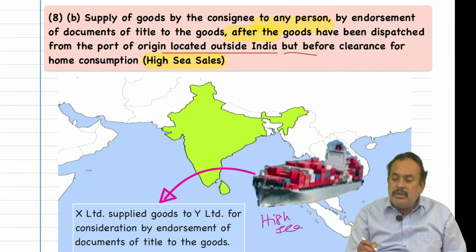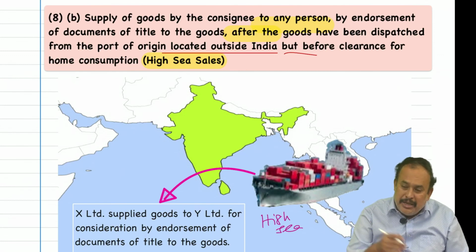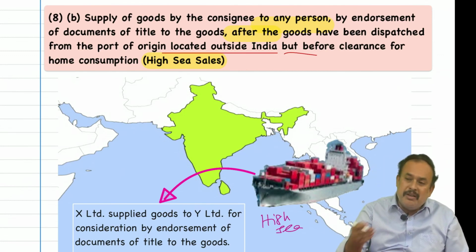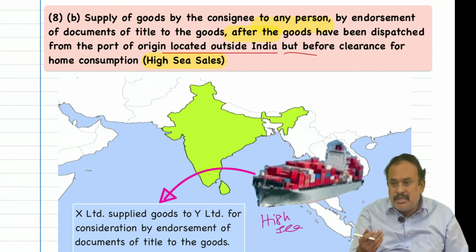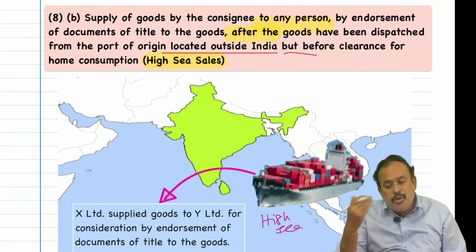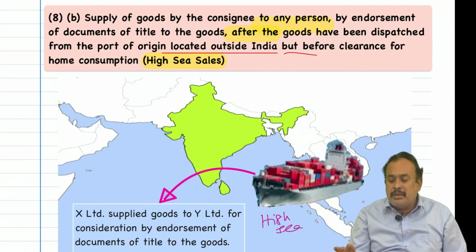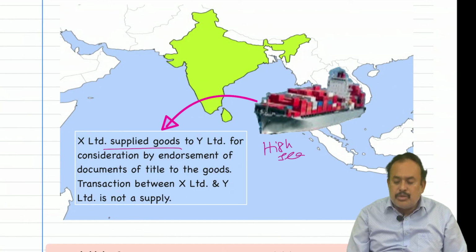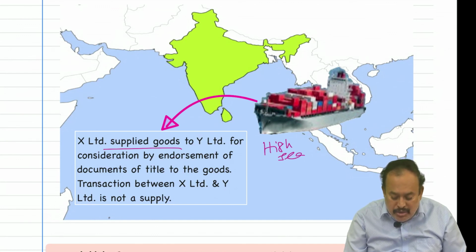The importer, before the goods reach the Indian port, before warehousing, before clearing for home consumption, sells the goods at high seas to some new person. Look here, X Limited supplied the goods to Y Limited for consideration by endorsement of documents of title to the goods.